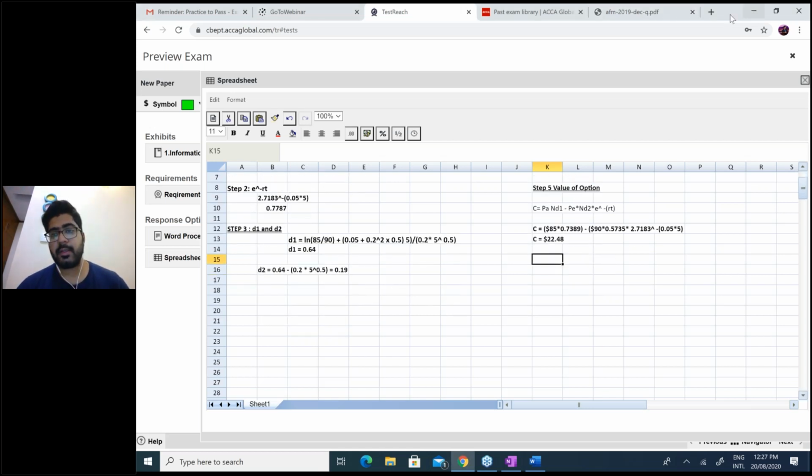Okay, in this part A of the question, yes, Salima. Since the values you placed, 85 and 90, are the per share values, so the premium is also per share.